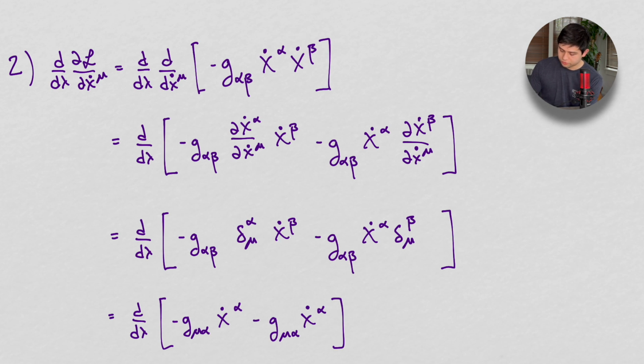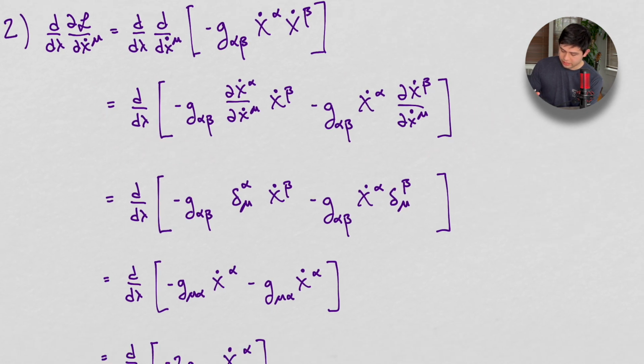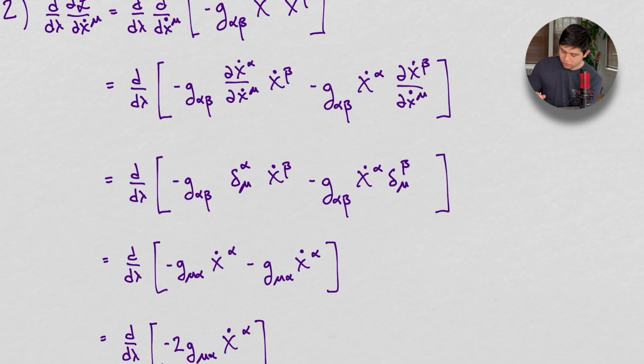And so we have this, okay? And to get from here to here, we just say this is just a Kronecker delta, right? Because these two guys are the same thing.